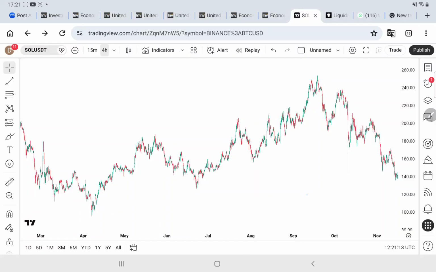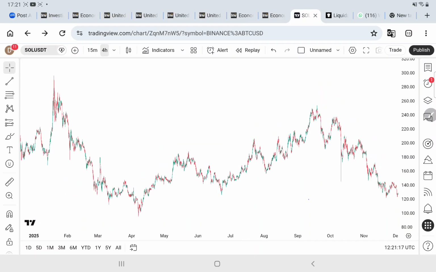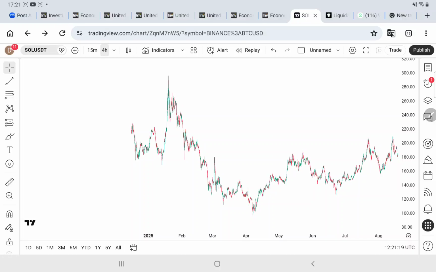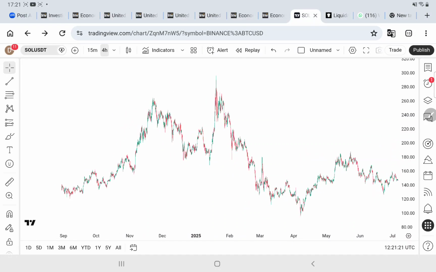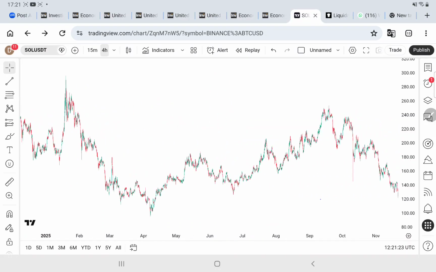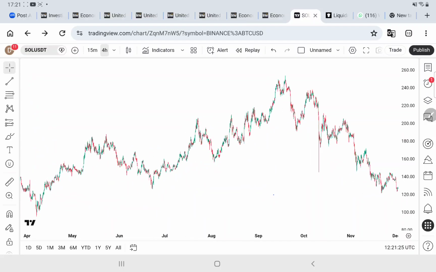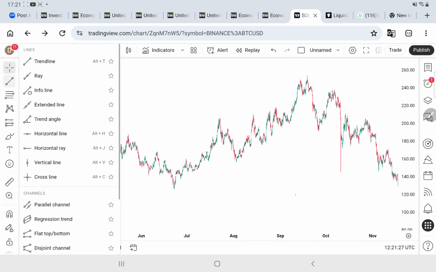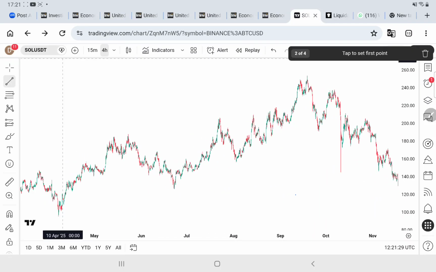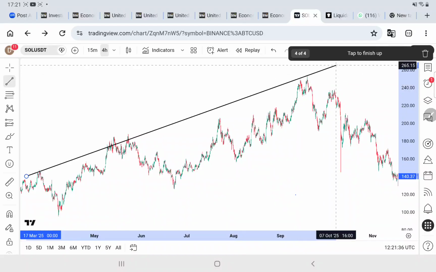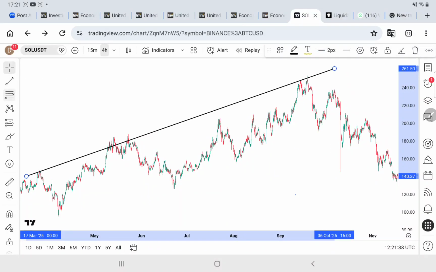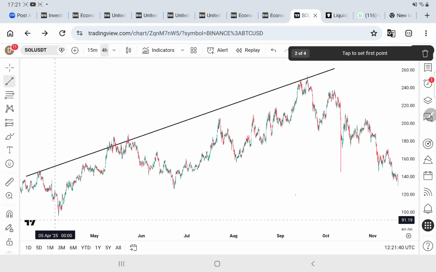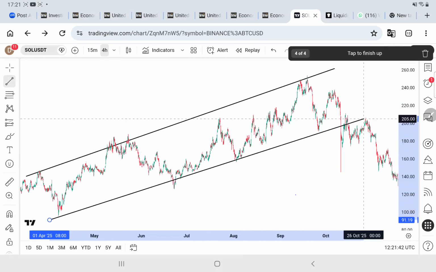So now the goal is we draw some lines. Just a second, guys. All right. So we use the trend lines in TradingView to join all the highs and join all the lows.